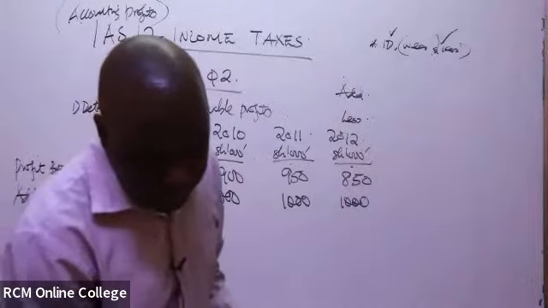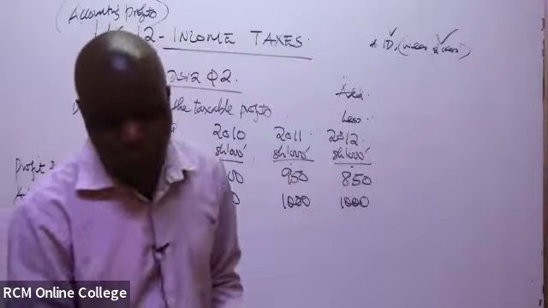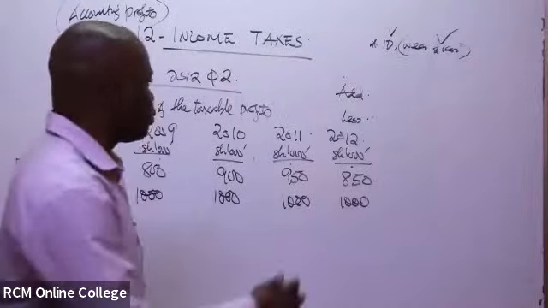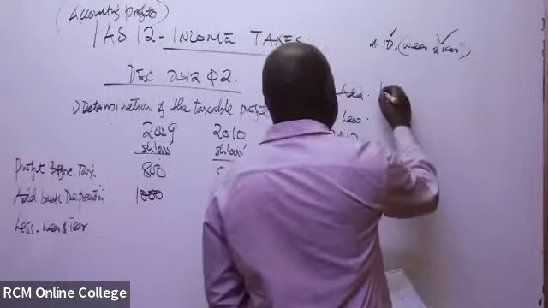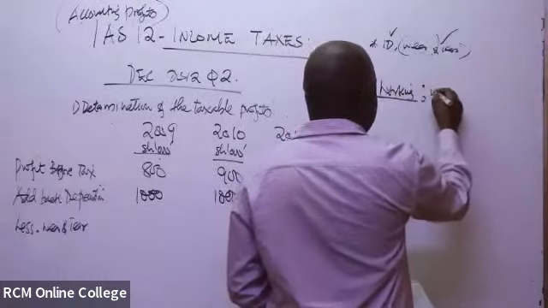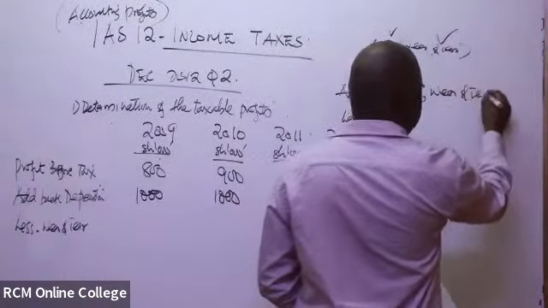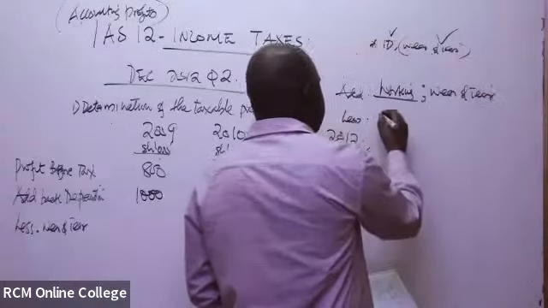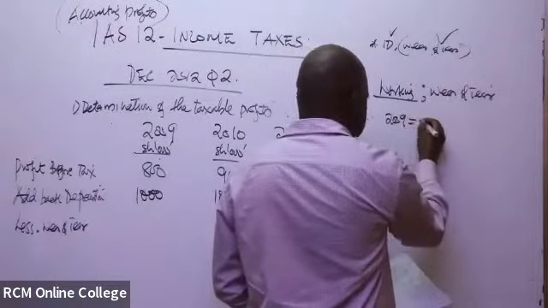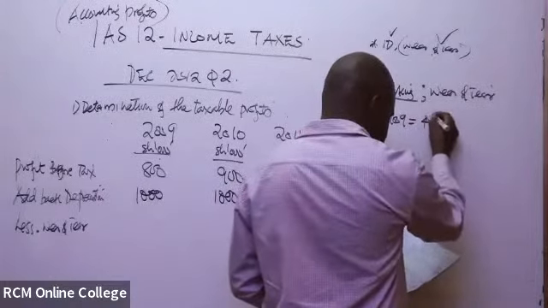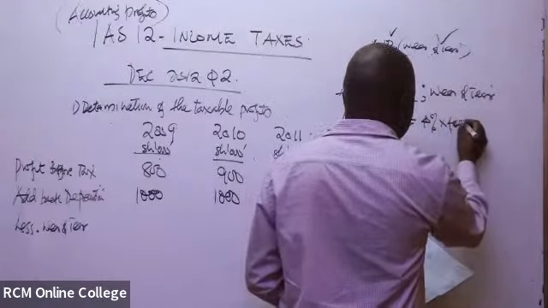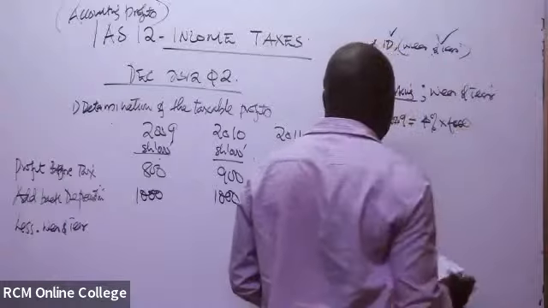We've been told that allowable wear and tear charges in our table were how much? So we can have a working here for wear and tear. For the year 2009, it will be 40% of the cost of the asset.